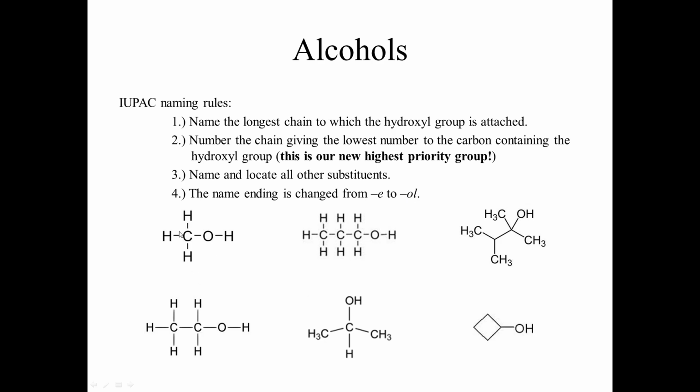Unlike the first 2, no matter how I look at it, the OH was on number 1, no matter where it was placed. Here, if this OH were attached in the center, it would be on carbon 2. So it's not necessarily always on carbon 1. Here, no matter where you put the OH, either side, it would be carbon 1, and there's only 1 carbon. So I need to indicate where the OH is.